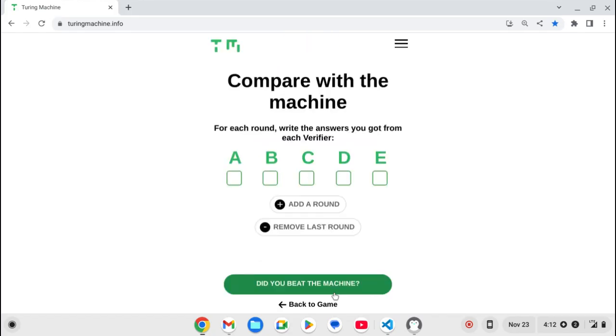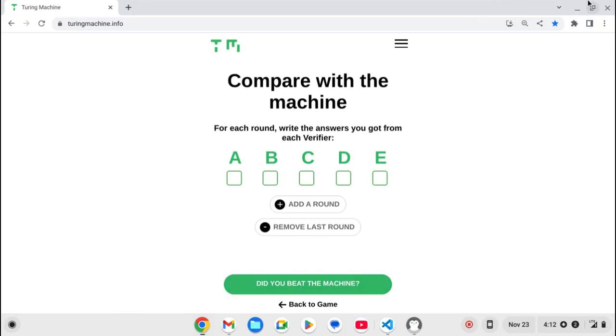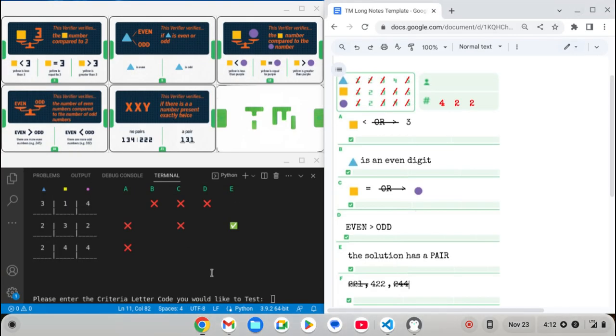Okay, well, thank goodness. How do we do versus a Turing machine? Well, let's go back. So it is a 5 criteria card puzzle, but we actually did 7 tests over 3 rounds. Well, we'll see how we did. Well, let's do this. We did B, C, D in the first round, and then we did A, C, E in the second round.